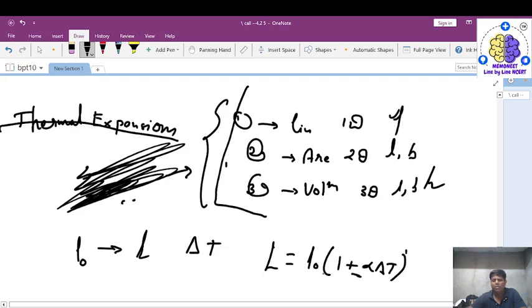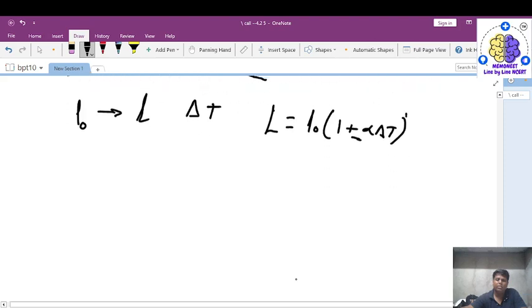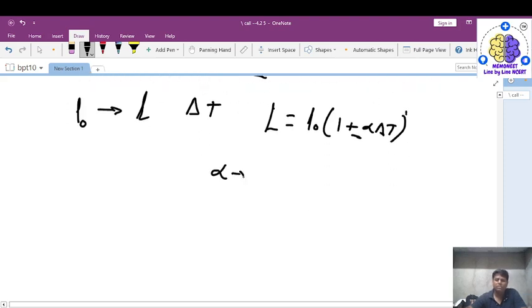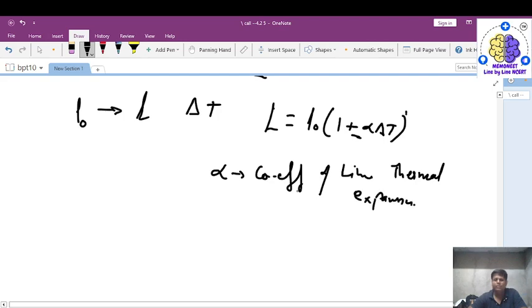Now what is alpha over here? Alpha is known as the coefficient of linear thermal expansion, right?